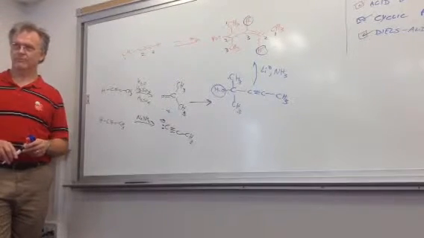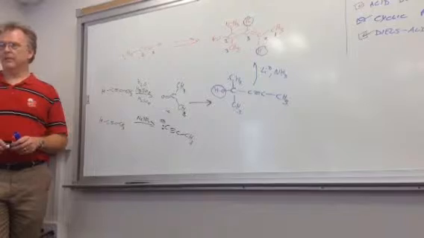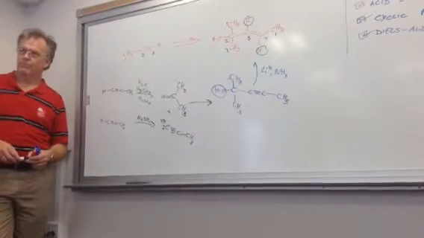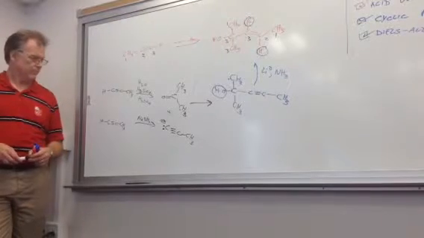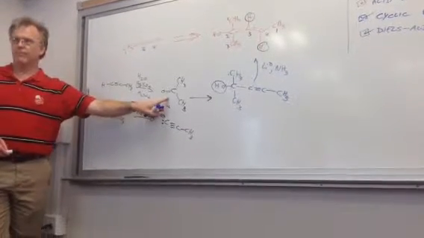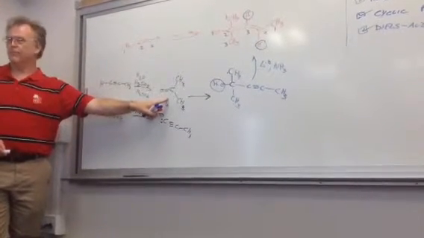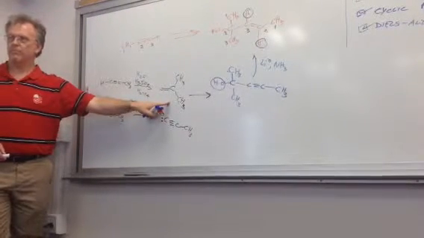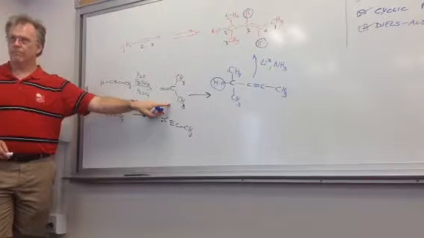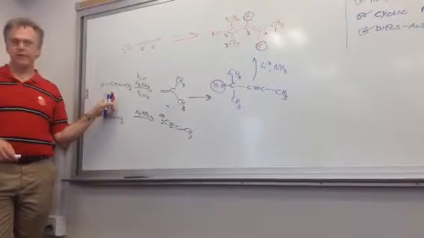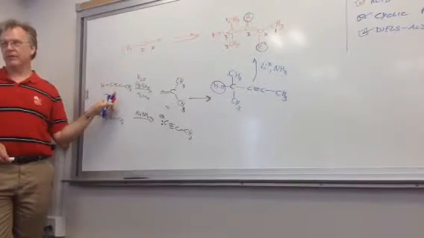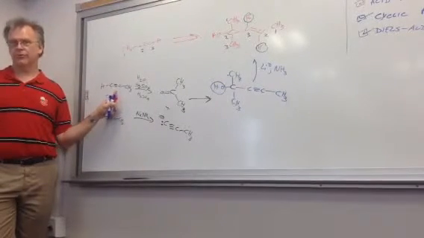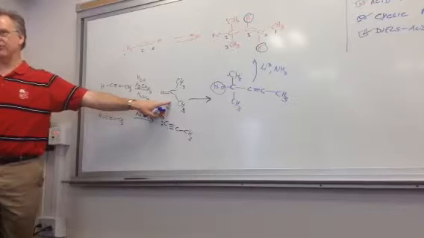Michael? Between the alkyne and acetone, how many steps would you need? So this adds water to make the enol, and then the enol is in equilibrium with the ketone. So this is a one-step synthesis of the ketone.